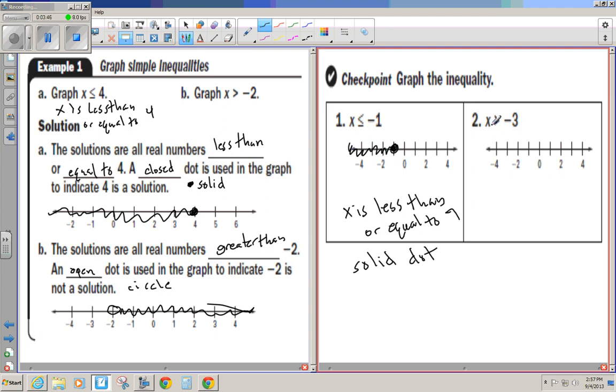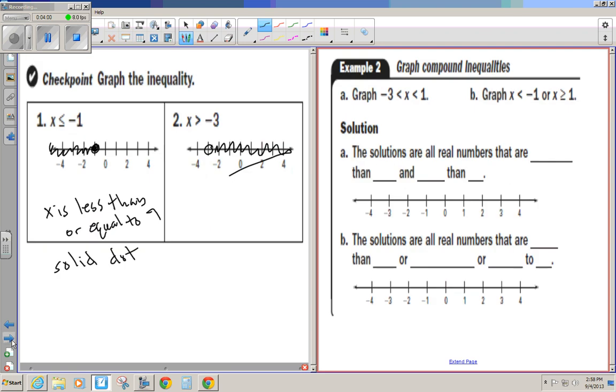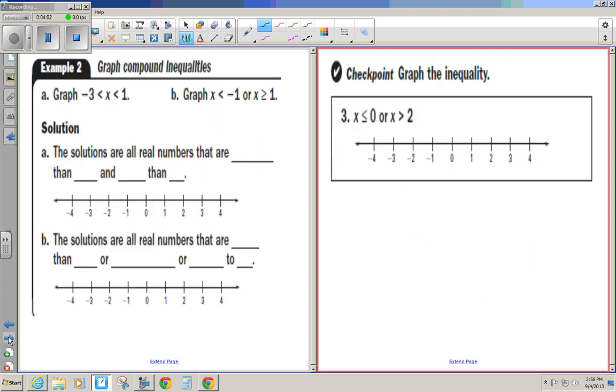Here, pause the video, try it yourself, see if you can do it. Should be something that you are used to in Algebra 1. And once you get it, you should see that you have a circle at negative 3 and everything greater than it. All right, these are compound inequalities. So, two simple inequalities.